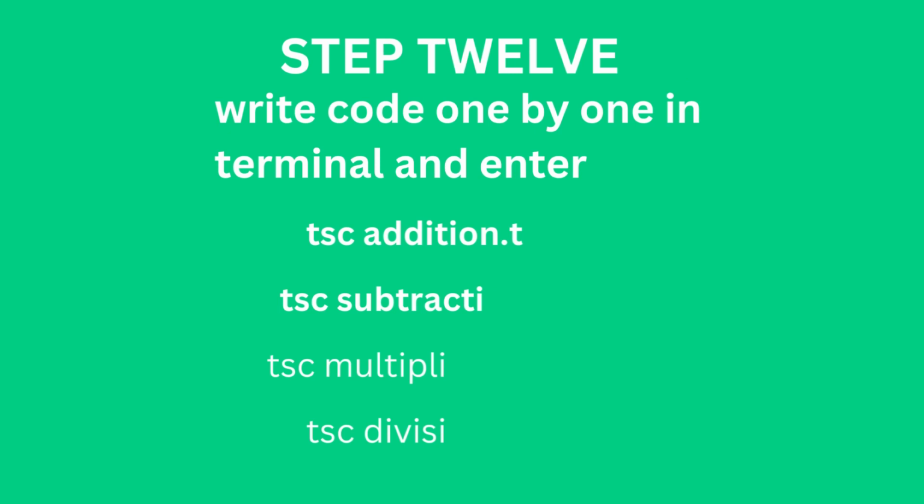One by one, compile JS files of the above TS files by writing in the terminal tsc, the file name with extension .ts, and enter. Now there will be 4 pairs of the above functions.